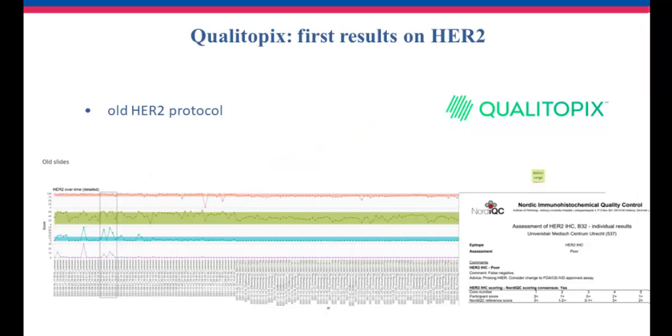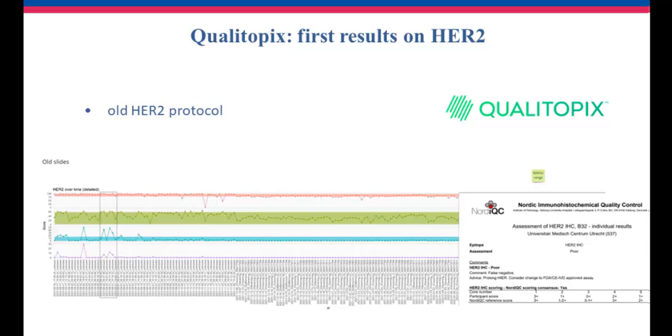Now, let me give you one result, what happened when we ran this for a while with the HER2 staining that we did. What you see here is a graph where the different days where we did these measurements are depicted, and you see the 0 to 4 for HER2, and you see there are some spikes. Some spikes were even, the 0 goes up to the 1 plus range.